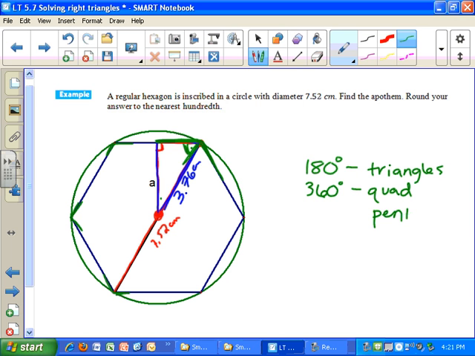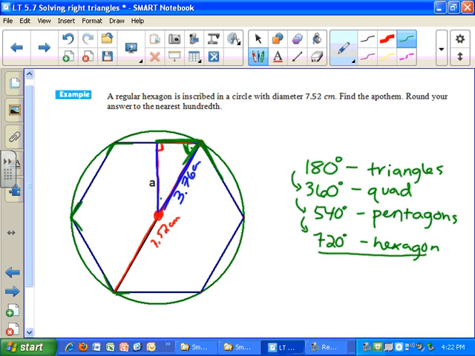What about pentagons? Pentagons have 5 sides, and if the pattern is always adding 180, then pentagons have 540 degrees. So how about our hexagon? Our hexagon, we can add another 180, and we get 720 degrees.